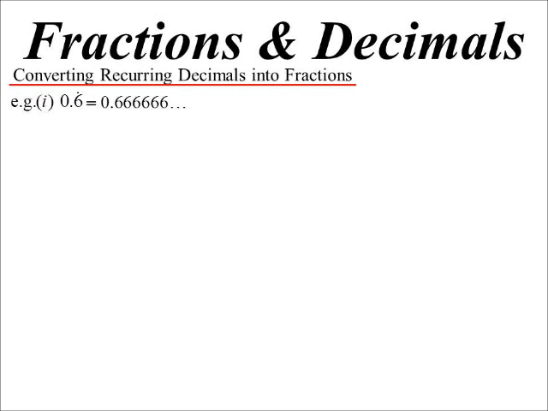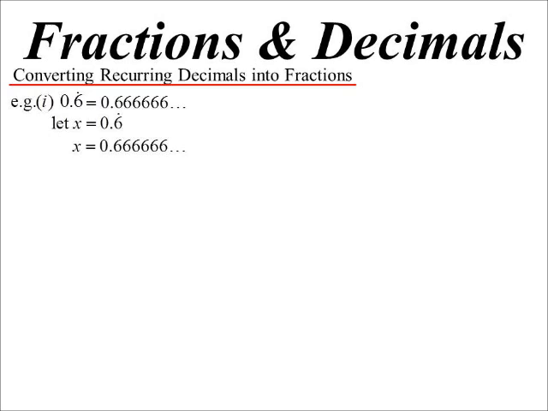Okay, so 0.6 repeater, I've deliberately picked one that we know the answer to. So let's pretend we don't. Okay, well we know it's 0.66666666, and it goes on, there's our pattern. So I'll let x equal 0.6 repeater. And for those that are catching on to this, that means x is 0.66666666, and so on.